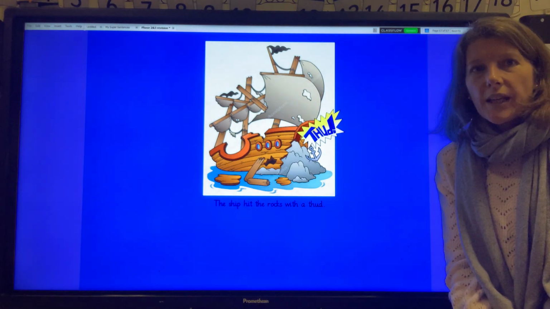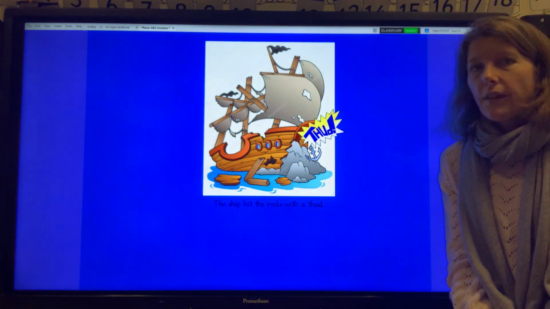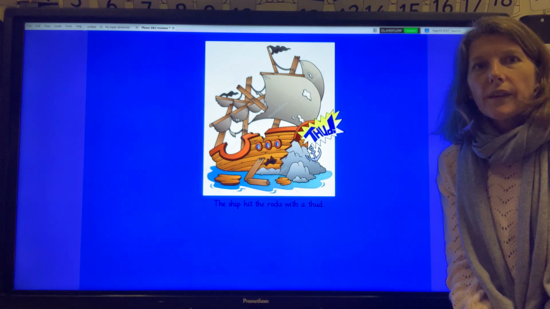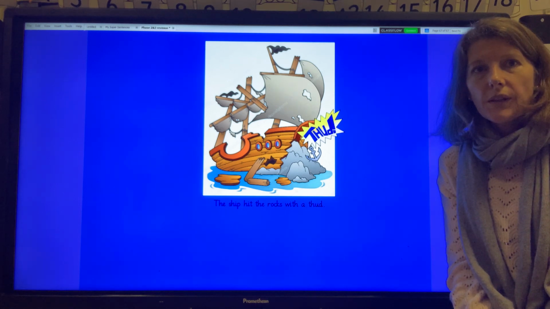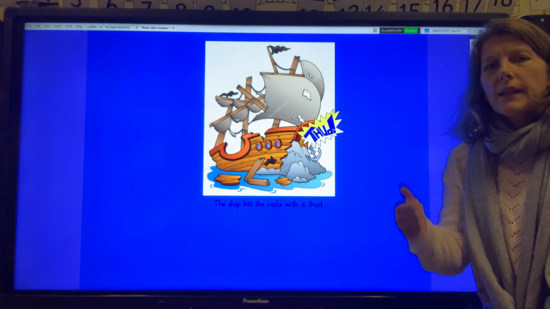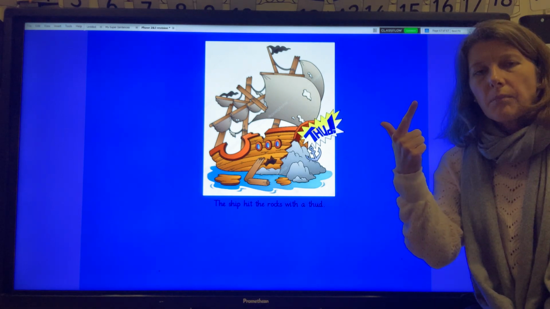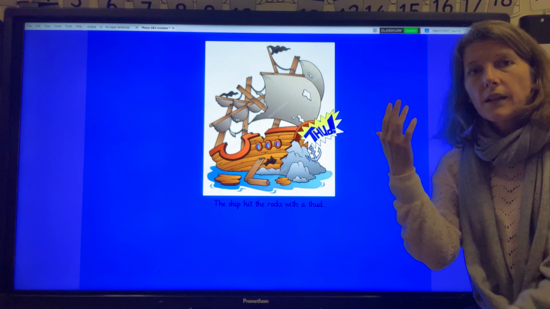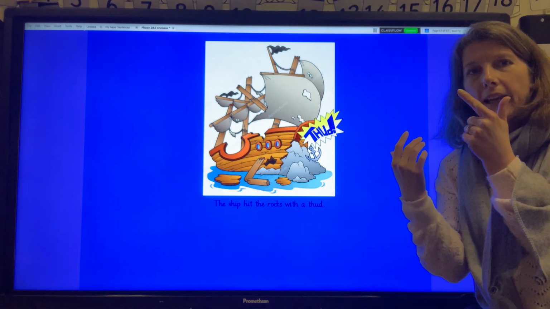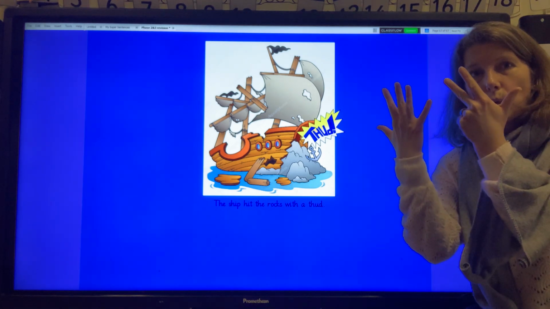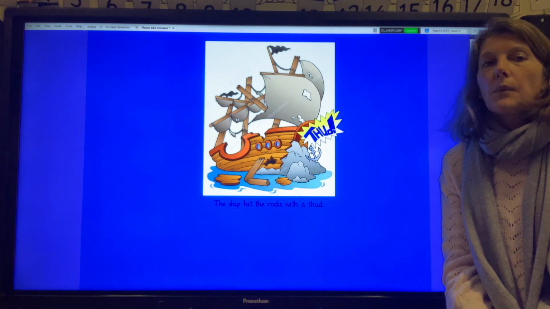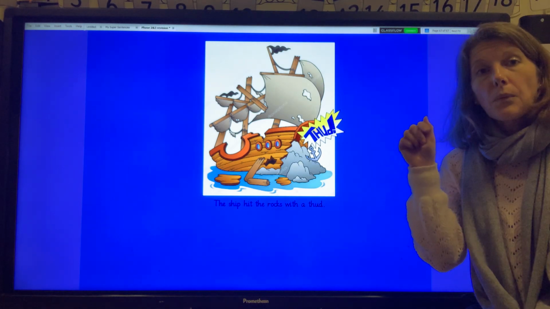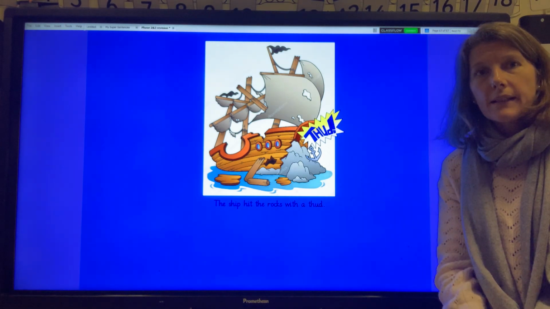The ship hit the rocks with a thud. So let's try to get that in our mind. The ship hit the rocks with a thud. Eight words. We need a capital letter at the beginning and a full stop at the end.